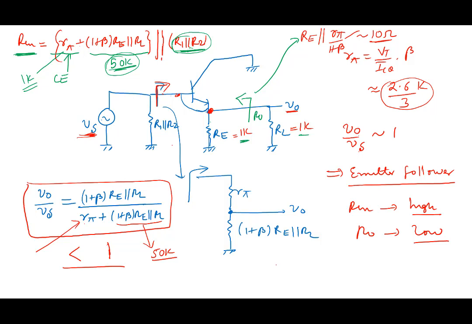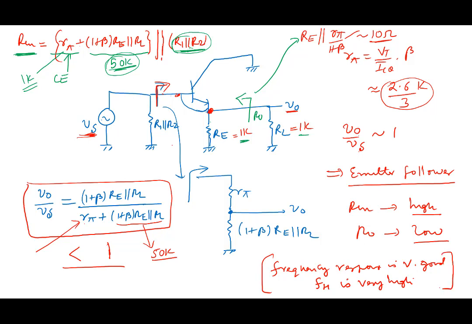The other part is frequency response is very good. What do I mean by that? Upper cutoff frequency FH is very high. So it's a very good amplifier in terms of frequency response also.